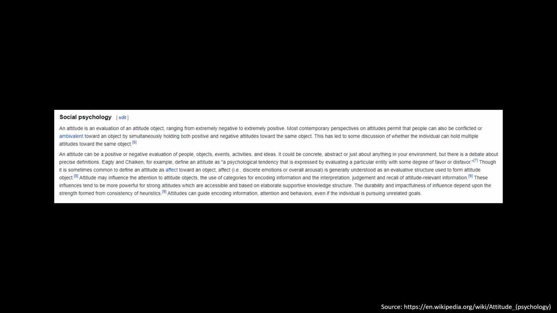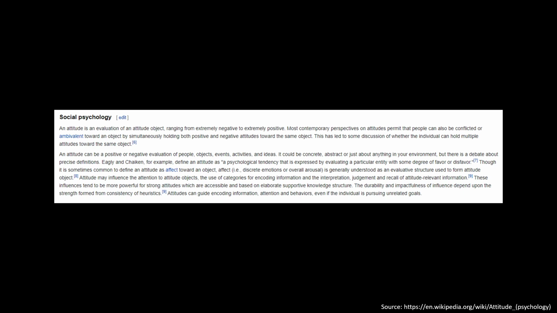Though it is sometimes common to define an attitude as affect towards an object, discrete emotions or overall arousal, it is generally understood as an evaluative structure used to form attitude objects. Attitude may influence the attention to attitude objects, the use of categories for encoding information, and the interpretation, judgment, and recall of attitude-relevant information.